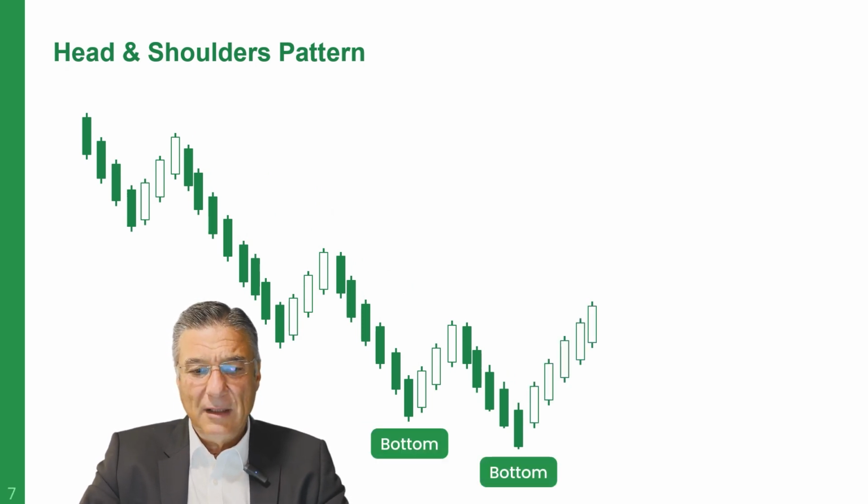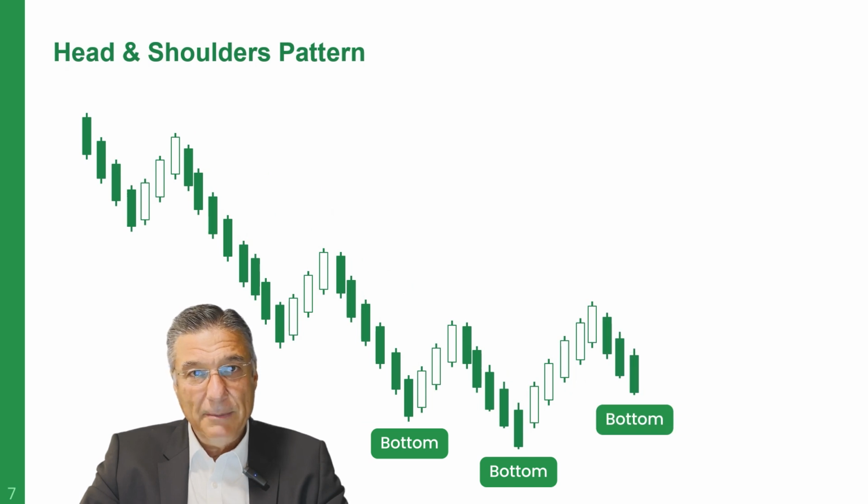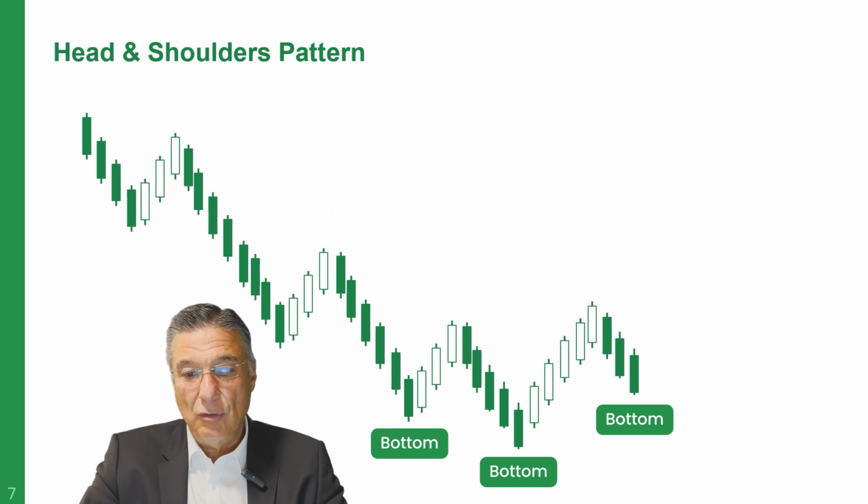So during a downtrend, we might get some warnings, some alerts that the bears are running out of steam. One of the warnings is that prices rise above the previous top. And then another warning might be that the last bottom fails to move lower than the previous bottom. This is another warning that perhaps the bears are running out of steam.